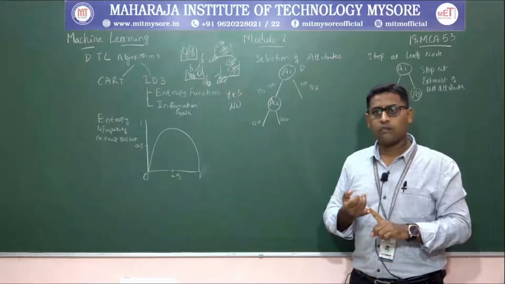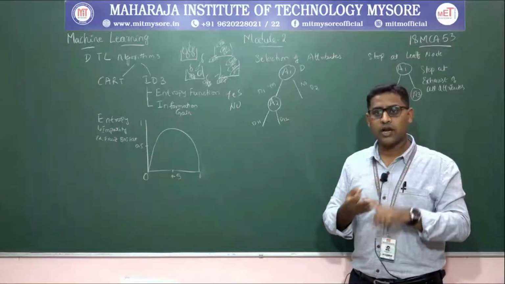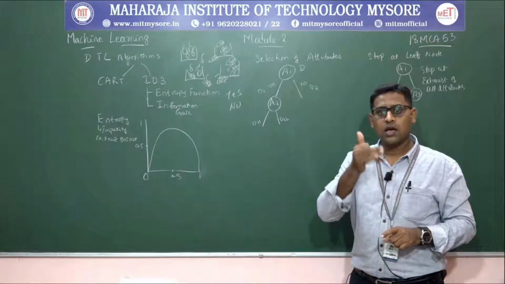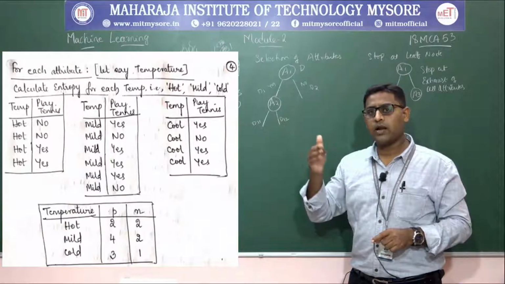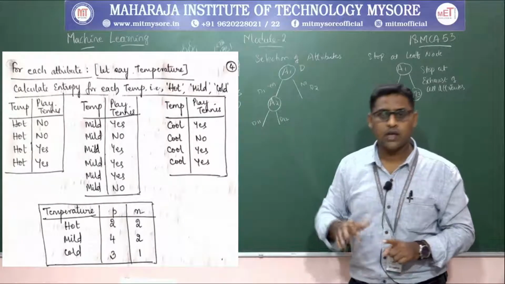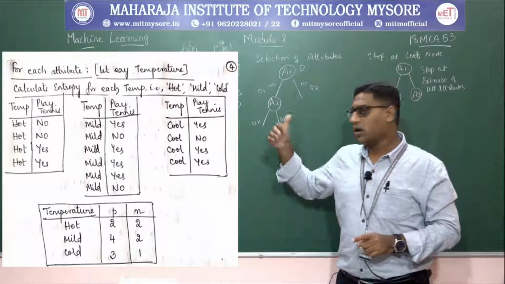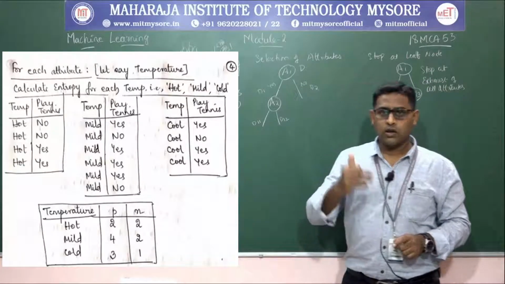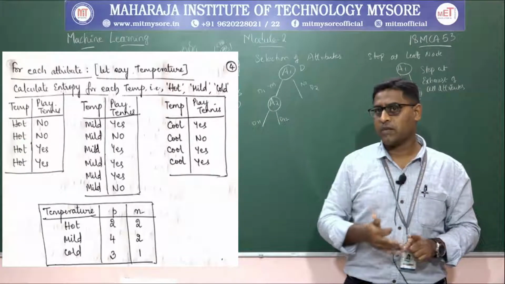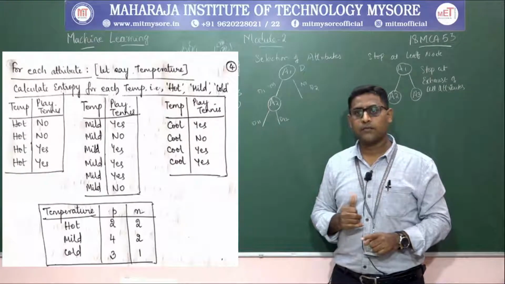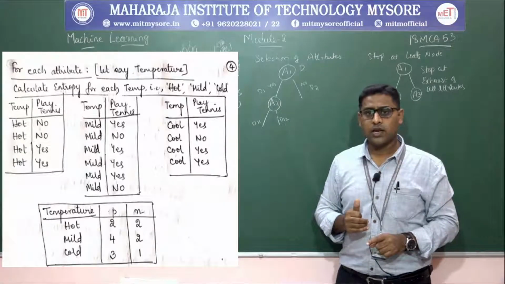To find out the temperature, humidity and windy, similar to outlook with sunny, rainy and overcast, now you need to check it for hot, mild and cool with respect to temperature. So now calculate the entropy for temperature. Temperature has 3 parameters, right?